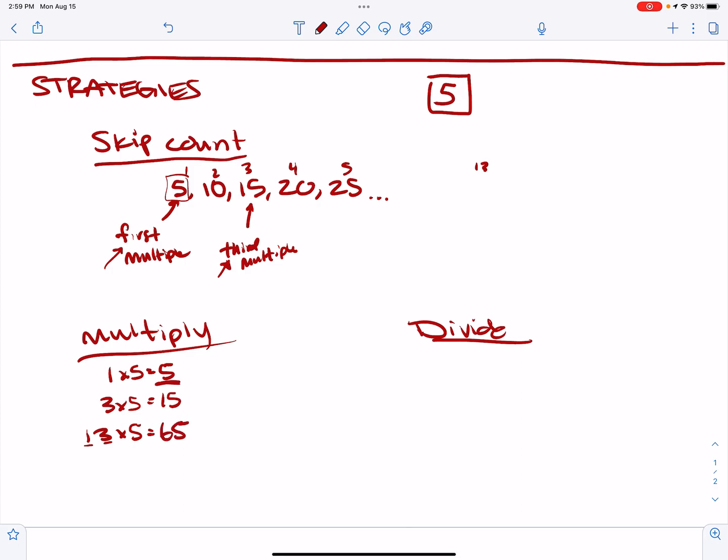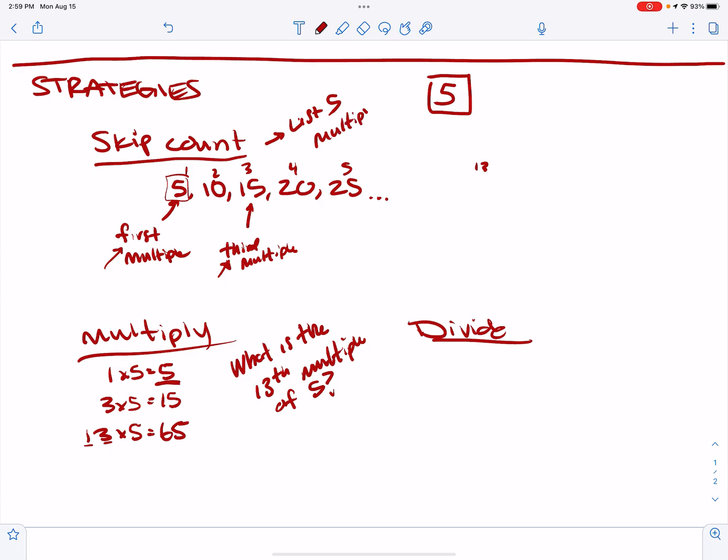So related to this is the opposite question. Here the question would have been, what is the 13th multiple of 5? This question could be, list 5 multiples of 5.